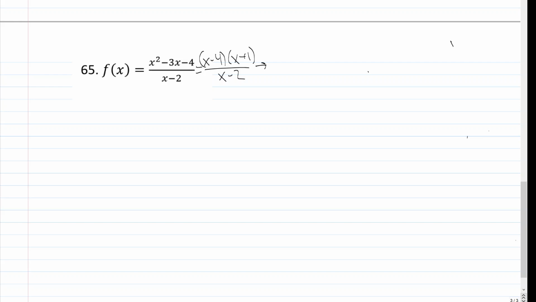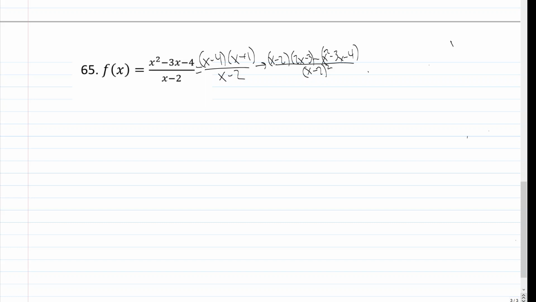So I quotient rule this: bottom d top, x minus 2 times 2x minus 3, minus top d bottom, that's just x squared minus 3x minus 4, all over the bottom squared.